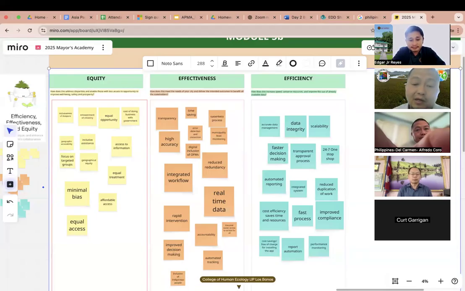Right now we are in the process of connecting to the national government super application, but at the same time developing our own application for local use that focuses on access to our services online. At the same time, it allows gateway payments to the local government services.